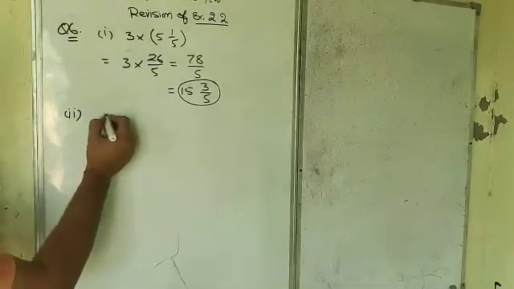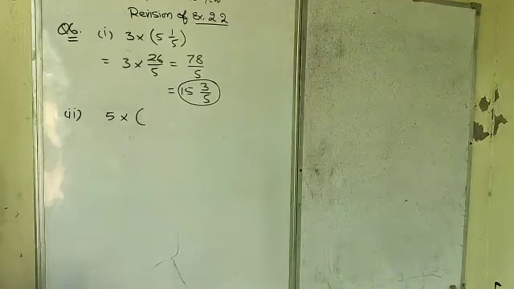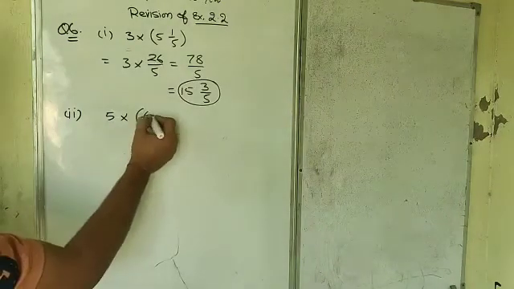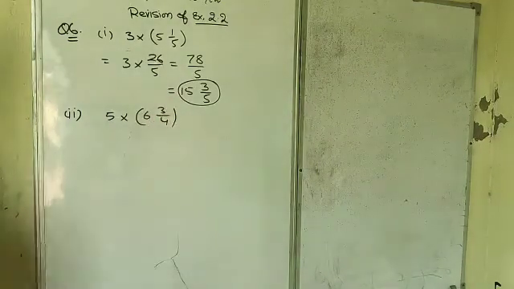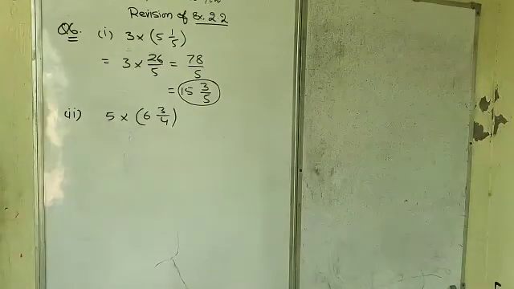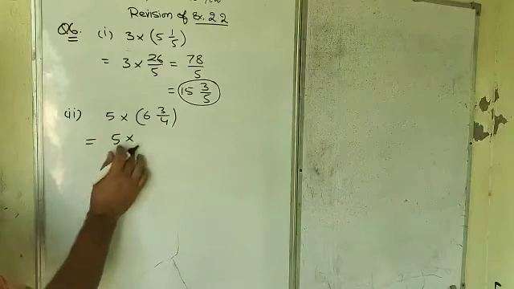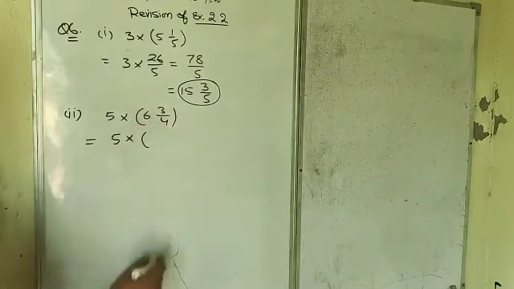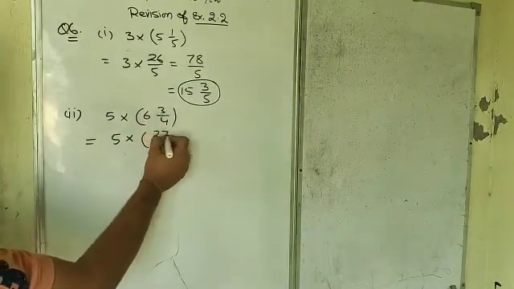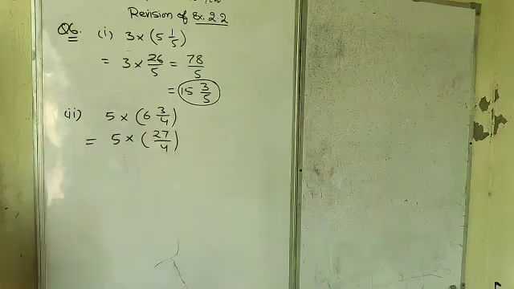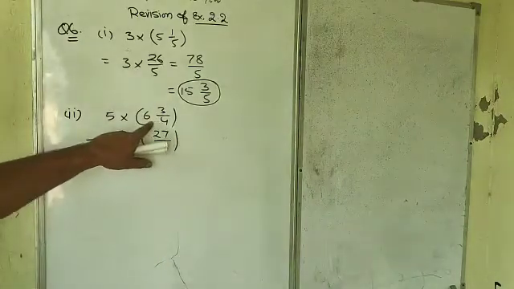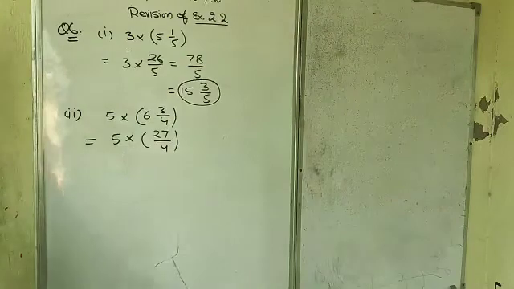5 is to multiplying 6 is to 3 by 4. So we can write it here as like this: 5 multiplying 6 4s are 24 and 3 is 27 by 4. Now which cancel it?